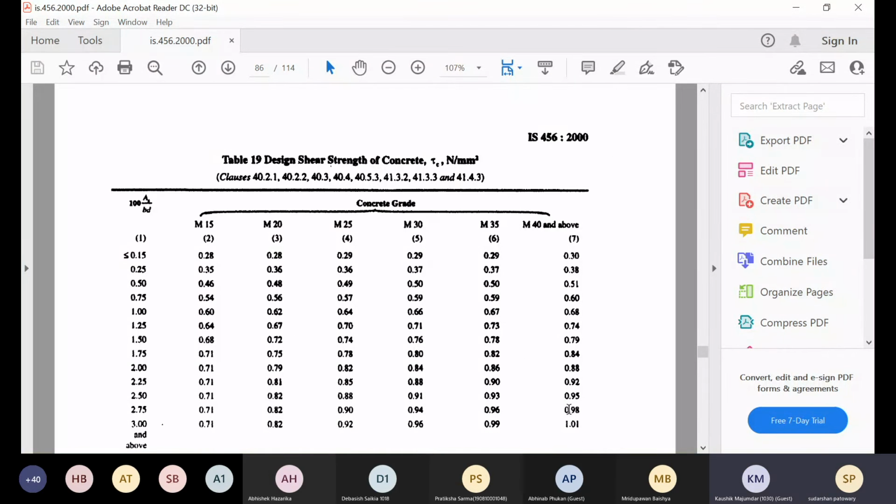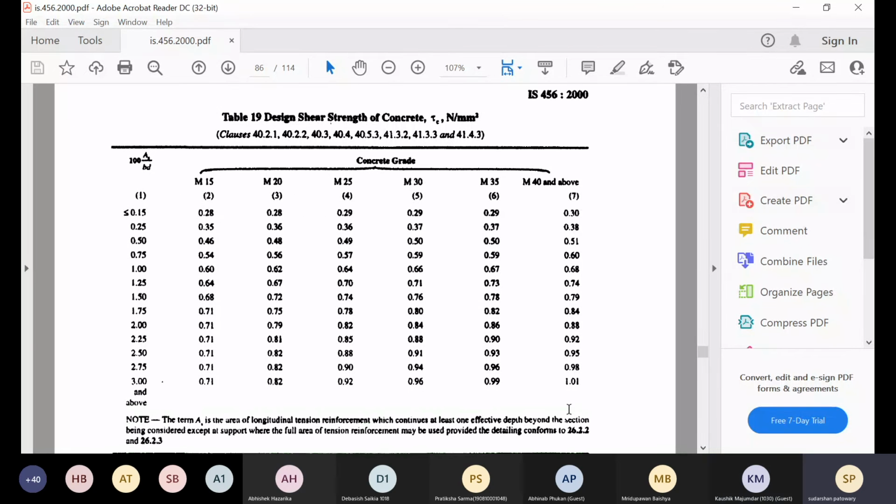So value is how much? 1.7. The grade of concrete is M20, but the value is 1.769, and 1.75 is given here, so we will approximately take the value of 1.75. So for 1.75 percentage of reinforcement for M20 grade of concrete, tau c is how much? 0.75.